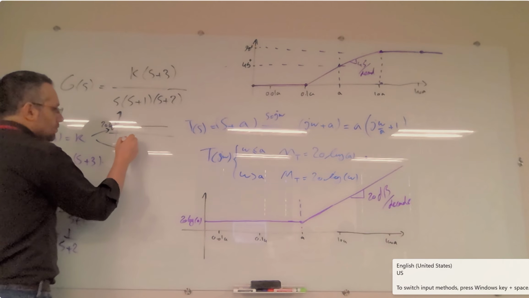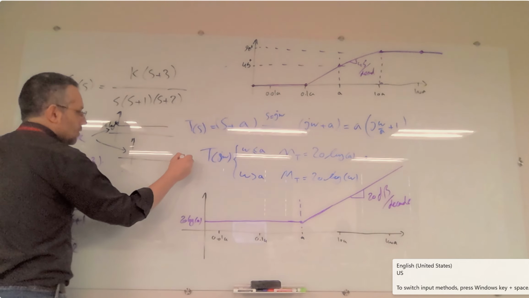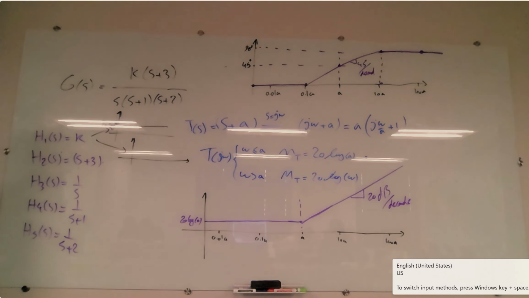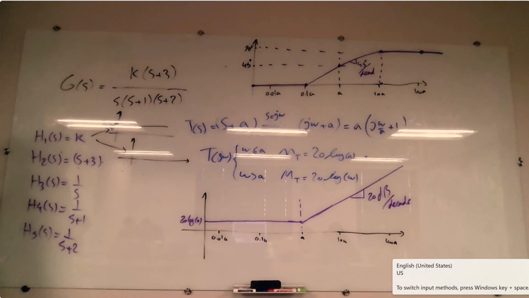What about the phase? Again, it's not a function of omega, so it won't change. It's still a flat graph. But what is the phase of k? It's a constant number.